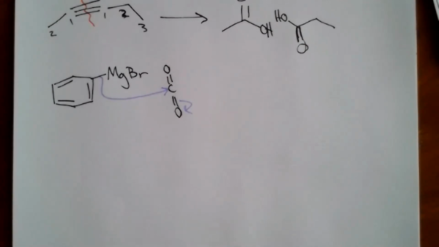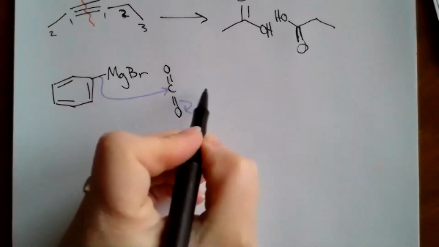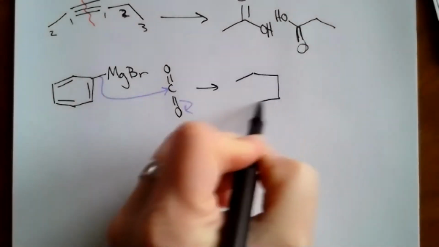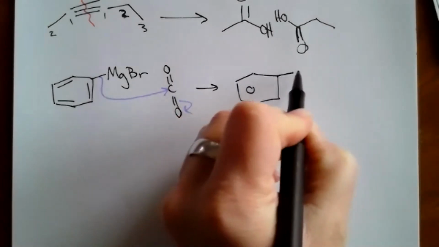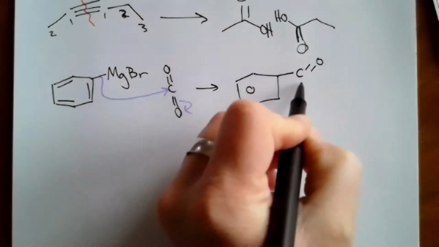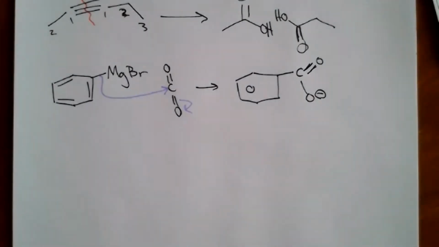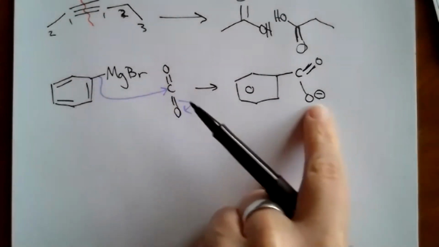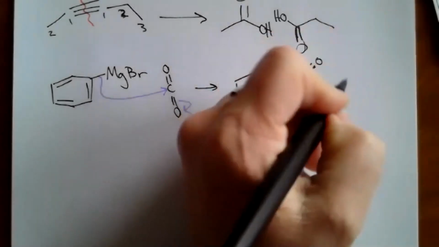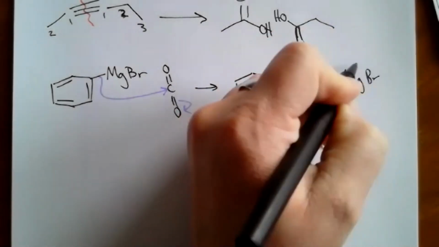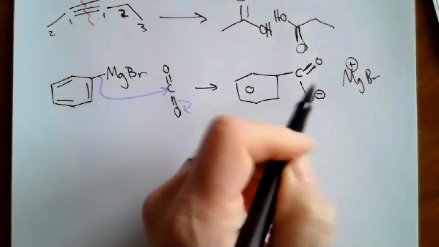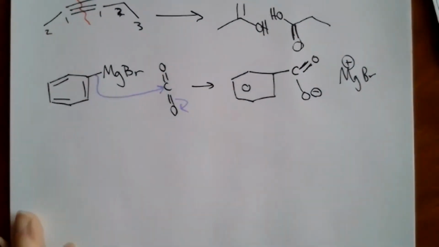There we go. Grignard adds to the carbonyl, so you end up making a new bond between the benzene carbon and the carbon dioxide carbon. You swung those electrons down, so you get an O minus and a little MgBr floating around in solution, maybe kind of associated here ionically.